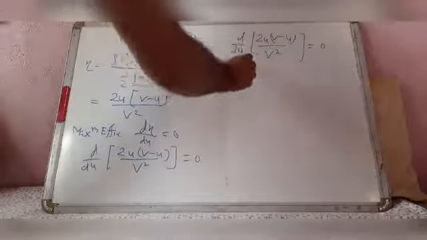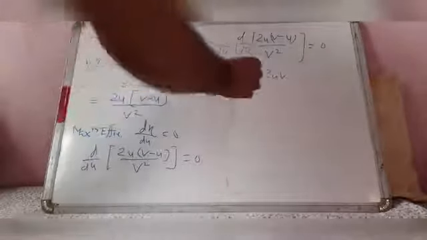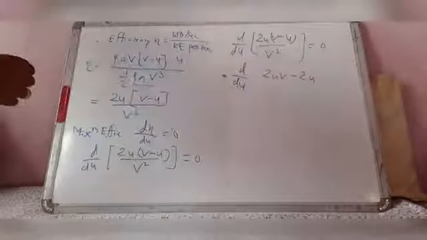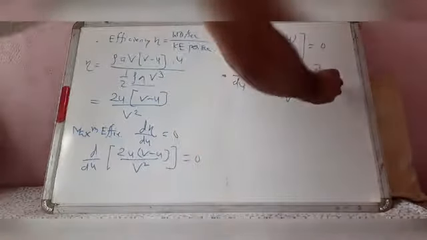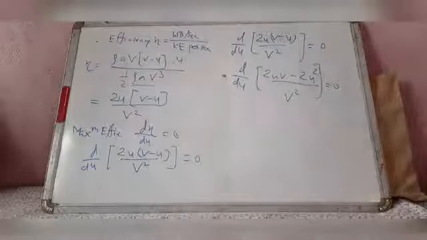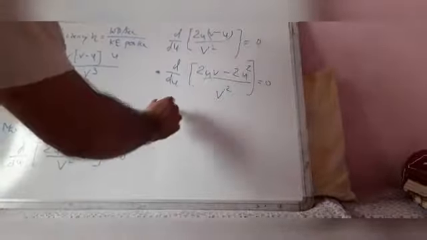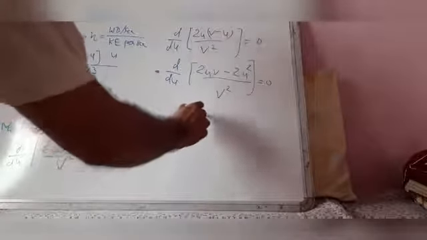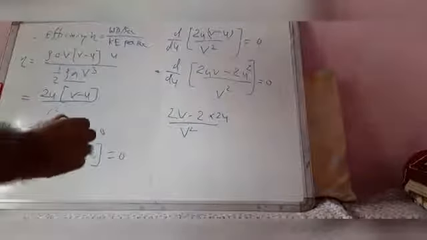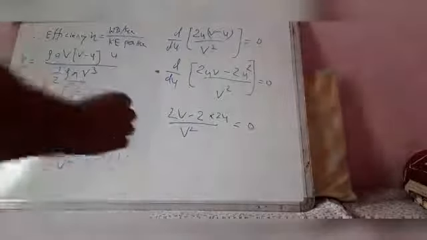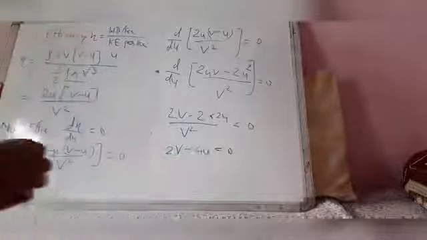Differentiating this, d by du of 2uv minus 2u square, by v square, is equal to 0, or 2v minus 4u is equal to 0.